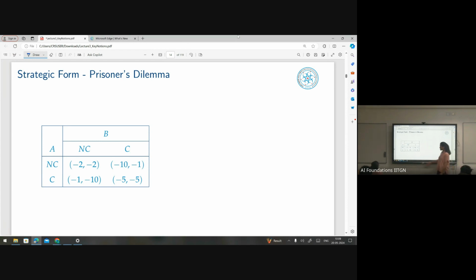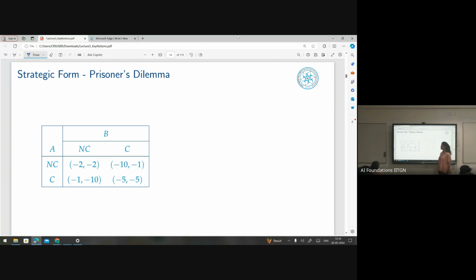And what are these values? Whenever both of them do not confess, there is a deduction of marks from both of them, and that deduction is 2. Or in the case of prisoners, it is the jail time that they get. So whenever both of them don't confess, there is a negative utility of 2, because we assume that a deduction of 2 marks is exactly a deduction of -2 from their utilities, or imprisonment of 2 years.